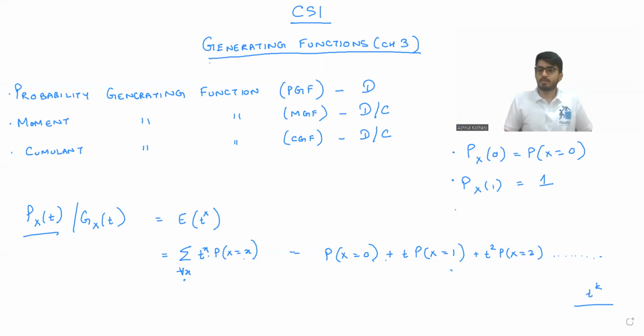As you can see from the expansion here, the coefficient of t is nothing but probability x equal to 1. Coefficient of t square is nothing but probability x equal to 2. So the coefficient of t to the power k will be nothing but probability x equal to k.